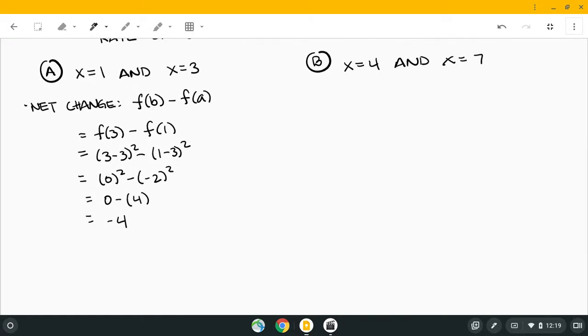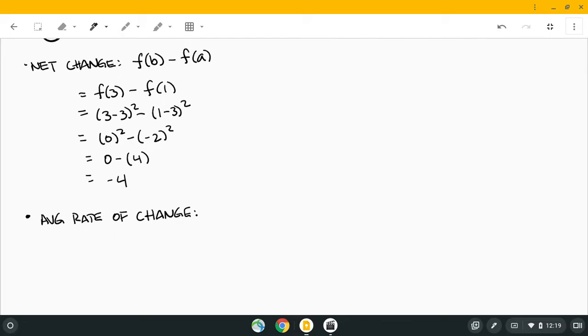Now let's go ahead and do the average rate of change. And remember, this one is our slope formula, f of b minus f of a all over b minus a. Okay? All right, so f of b minus f of a, we just found that up above.